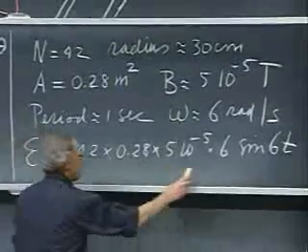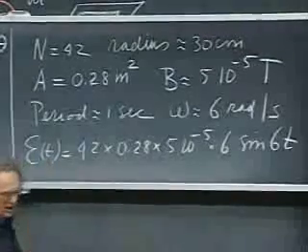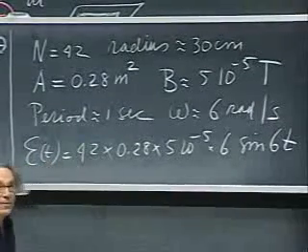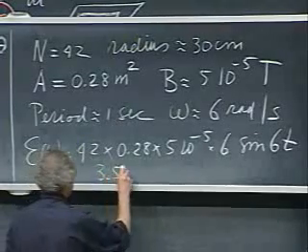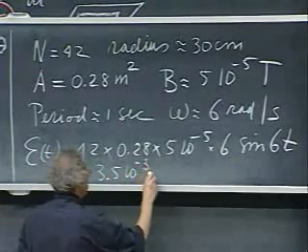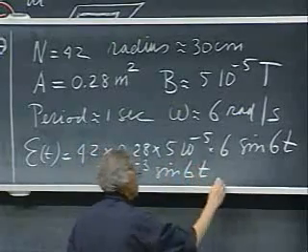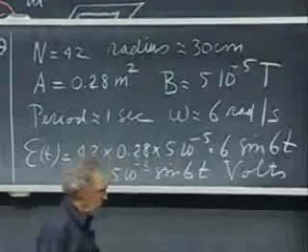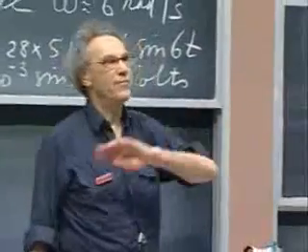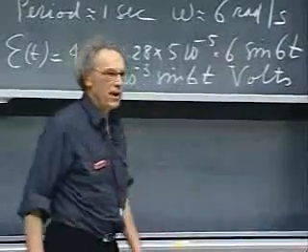And this number here in front of the sine 6t, you should check that, is about 3.5 millivolts. 3.5 times 10 to the minus 3 times the sine of 6t, and that now is in volts. So you get an alternating EMF, positive, negative, and the maximum value that you would get is 3.5 millivolts.